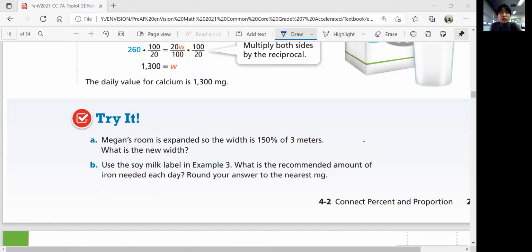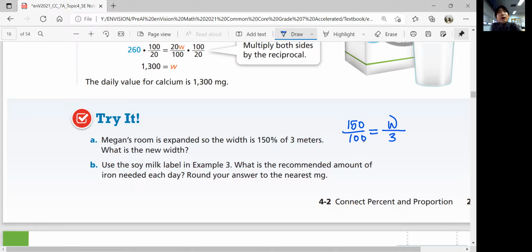So what should your proportion be? 150 out of 100 is equal to, 3 is your original one, right? So you want to find the new width. That is W. So new width over 3, because that's out of 100.